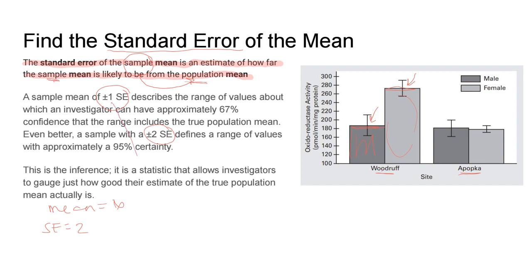So this plus or minus 1 SE is from the mean. Plus or minus 1, and in this case our SE is 2 from the mean. Our mean is 6. So that would mean we would get 6 plus 1 times 2 would be 8. And we would get 6 minus 1 times 2, which equals, we would get 4.